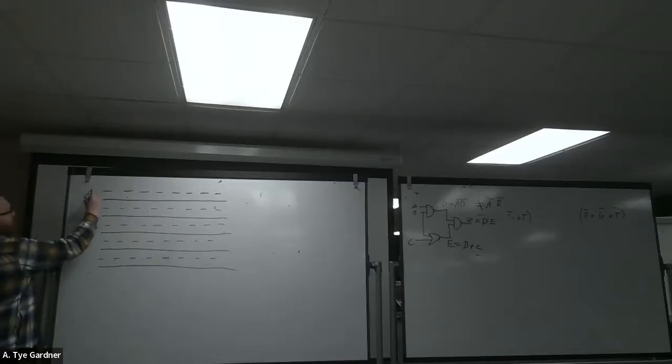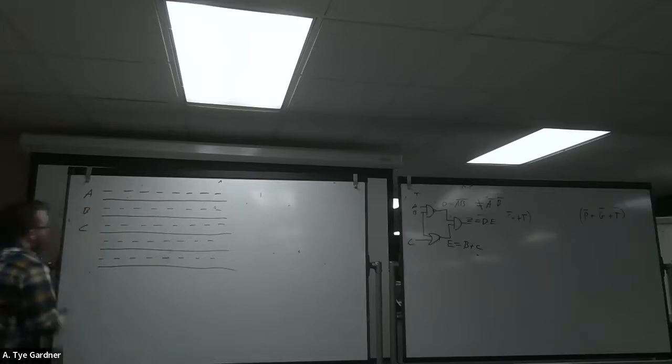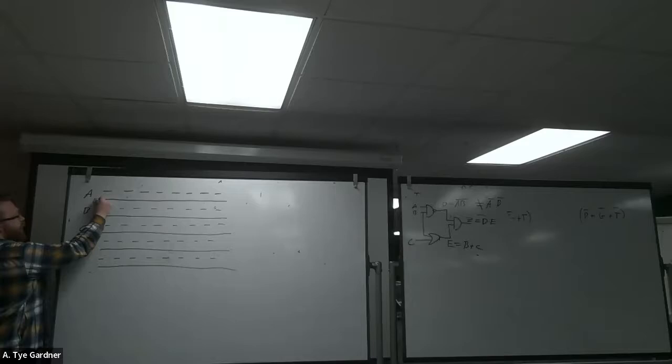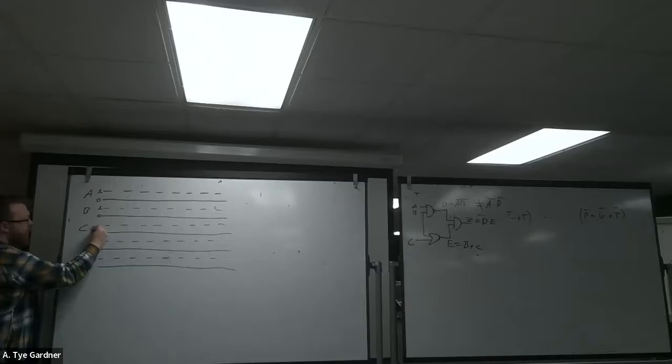The way timing diagrams work is I'm going to call each of these rows A, B, and C, my input signals. And we need to understand that this is a 0 and the dashed line is a 1. One being on, high, right?